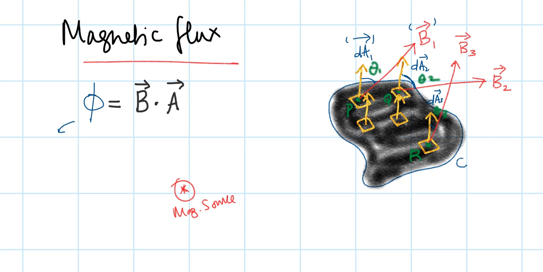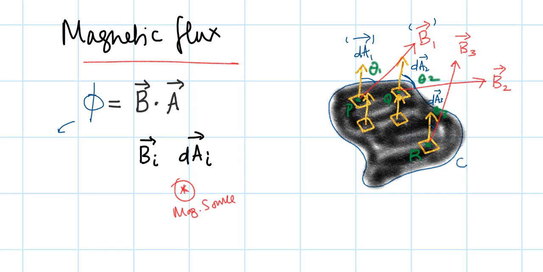As you keep doing that, you will end up having an infinite number of pairs, because we are only taking one point at a time, and there are a very large, infinite number of points on C. So you will have a pair such as BI, which could be B1, B2, B3, etc., and also the area vector of the pair, which could be dAI on that surface.